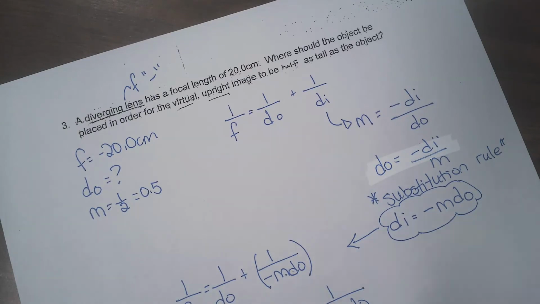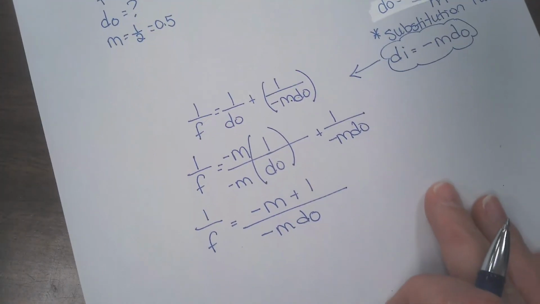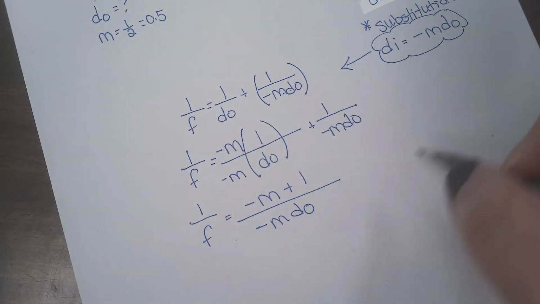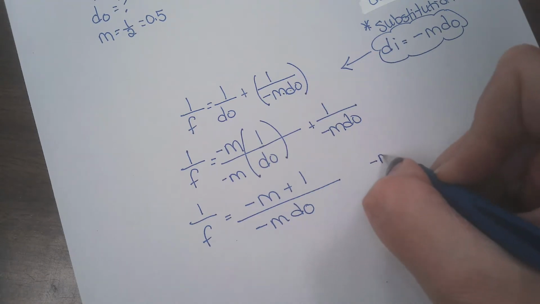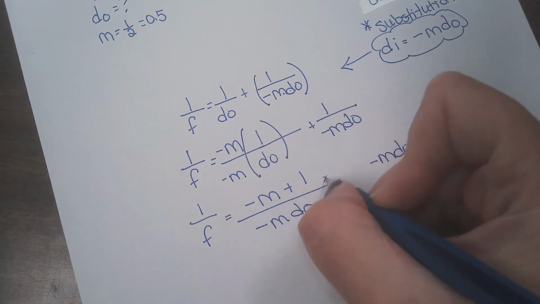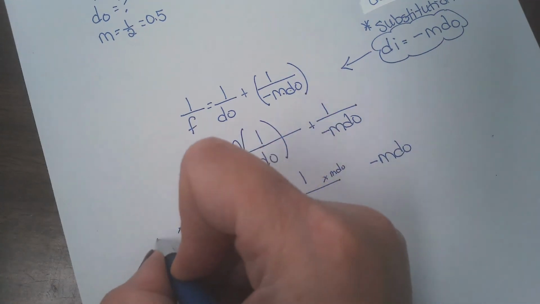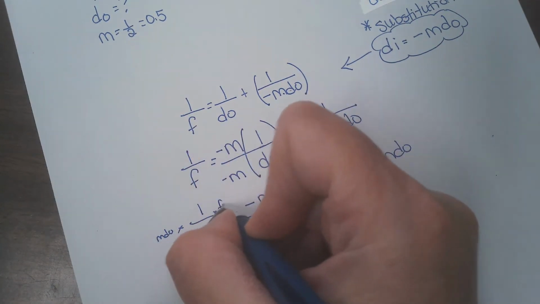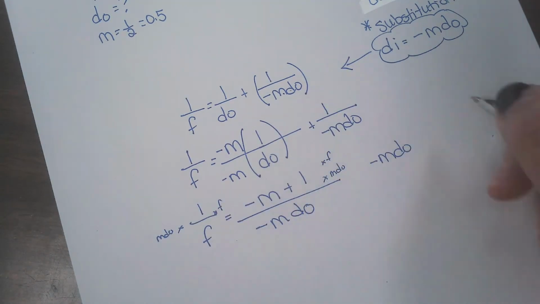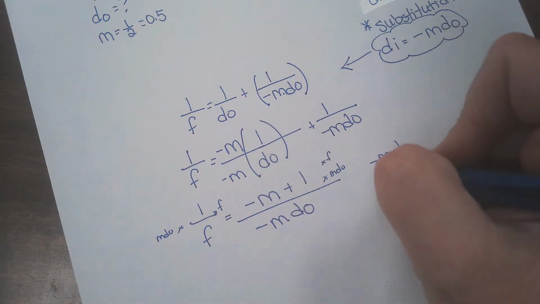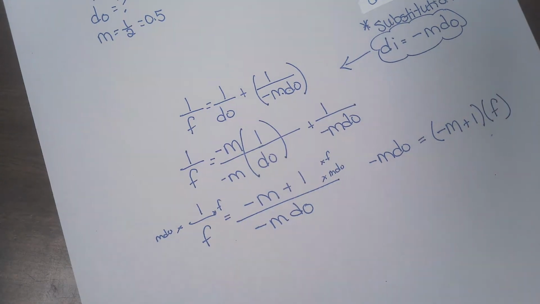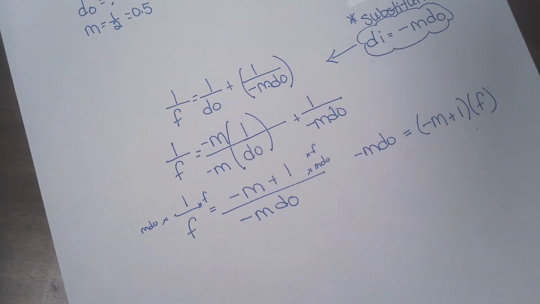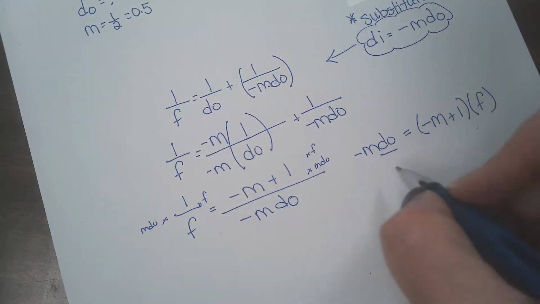So I can take stuff out of the denominator, because that's just way easier to work with. I'm going to multiply by MDO and multiply by F. Negative MDO is going to be equal to negative M plus 1 times F. Now I have everything out of the denominator, so I can look for DO.